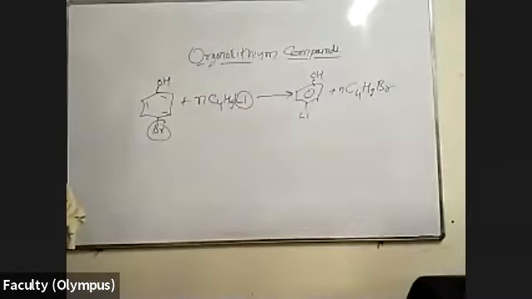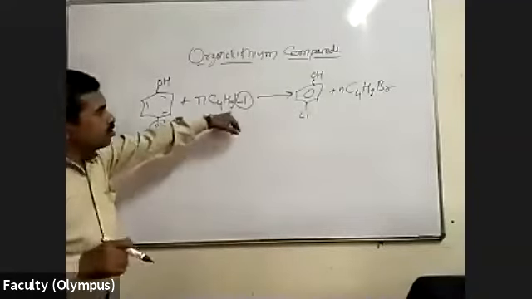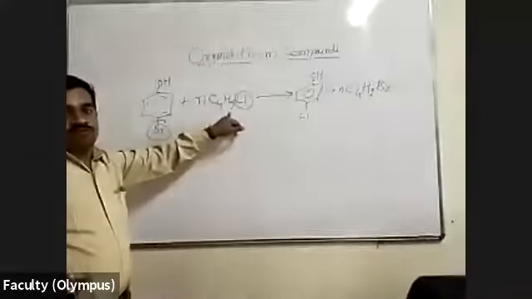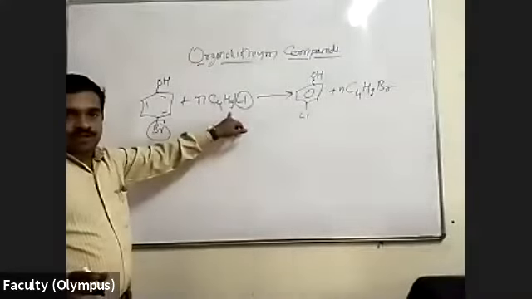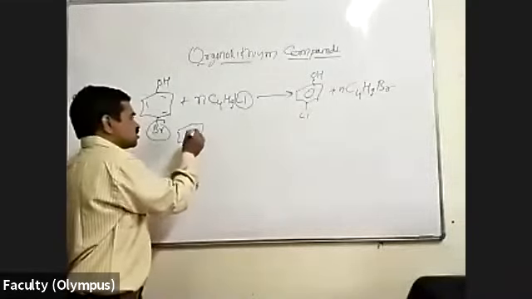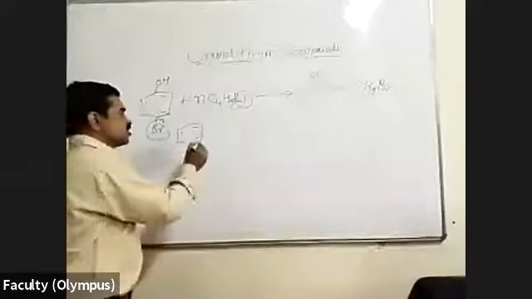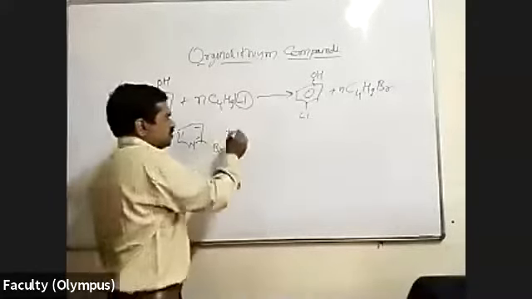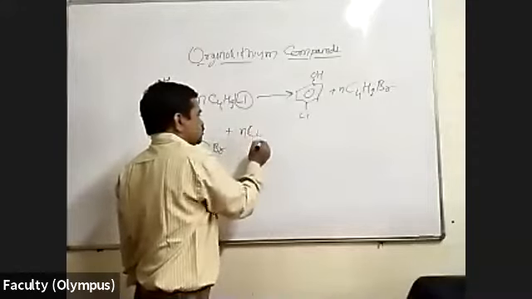This is called the metal halogen exchange reaction. In this way also we are able to synthesize organolithium compounds; from one organolithium compound we have prepared another one. Similarly, if we take pyridine, this is 2-bromopyridine, plus, say, we take butyl lithium.